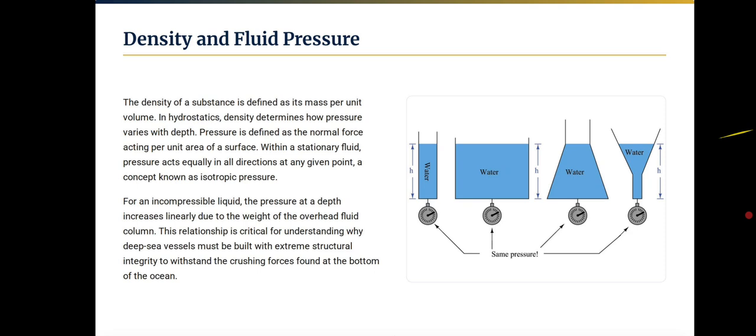Before we go deeper, let's first talk about density. Density is simply how much stuff, or mass, is packed into a certain amount of space. Let's assume we were trying to put balls into a bucket. Different balls have different sizes.